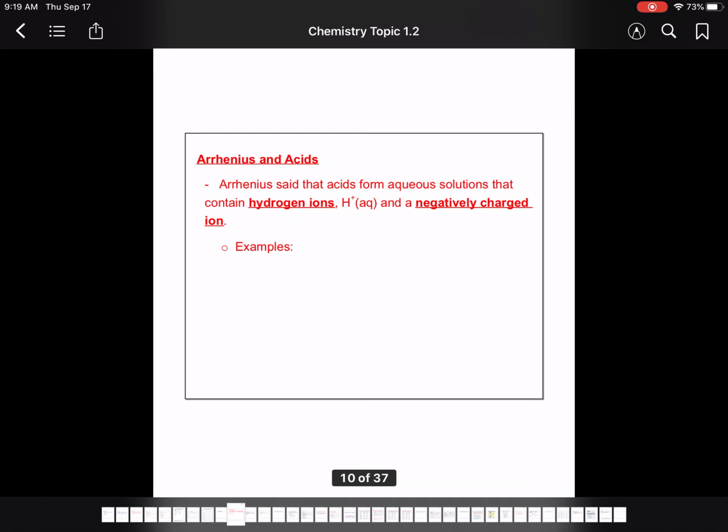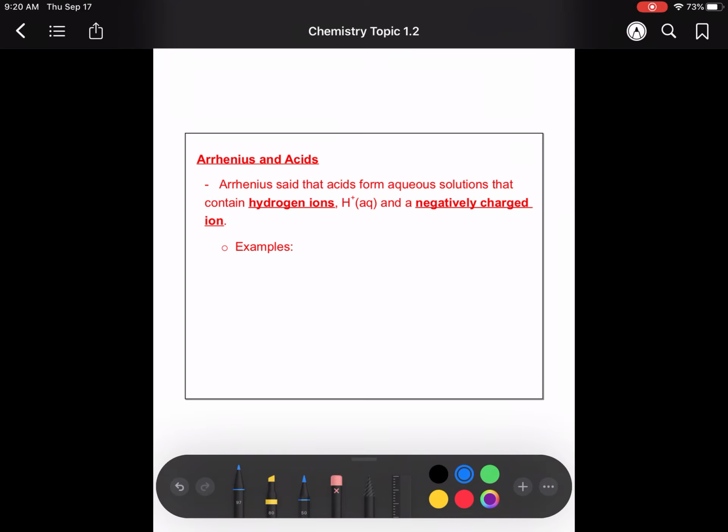All right, so this is going into some new things. So Arrhenius and acids. It says Arrhenius said, so this was a guy, a chemist back in the day. He said that acids form aqueous solutions that contain hydrogen ions and a negatively charged ion. All right, so he said basically if we were to put an acid in water, it would break into its ions.